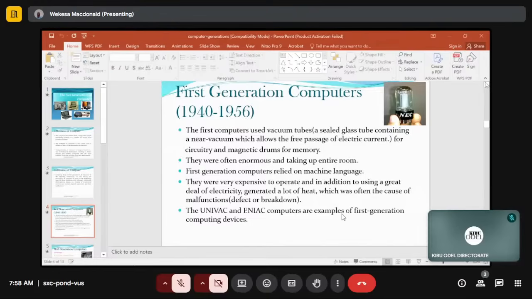Don't confuse a vacuum tube and a fallopian tube. In the exam, if you are asked what the first generation used and by mistake you say they were using fallopian tubes, it will cost you.